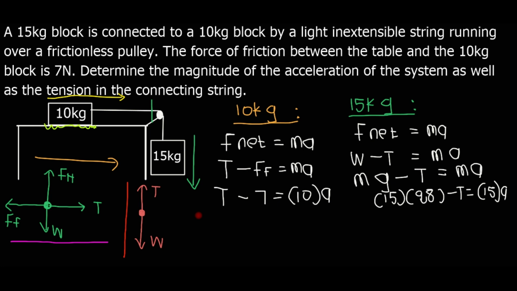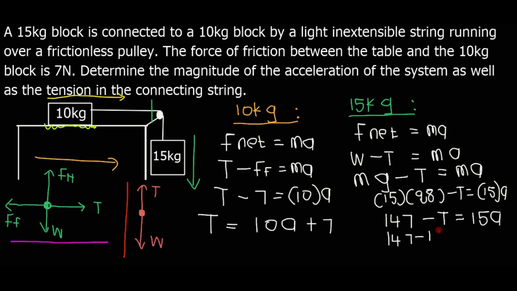For this one, T equals 10a plus 7, and as for this one, 15 times 9.8 gives 147, so we have 147 minus tension equals 15a. And then from there 147 minus 15a equals tension, because we moved this negative T to the other side, so it becomes positive.